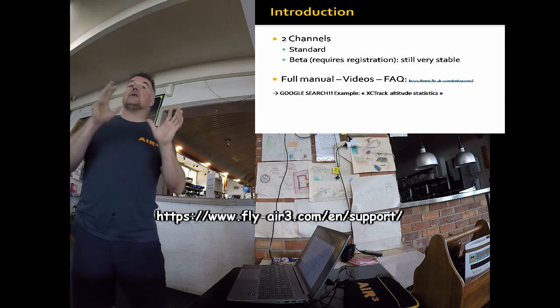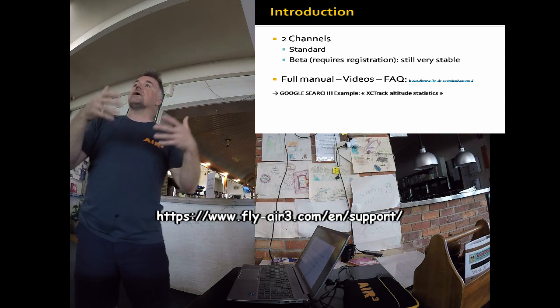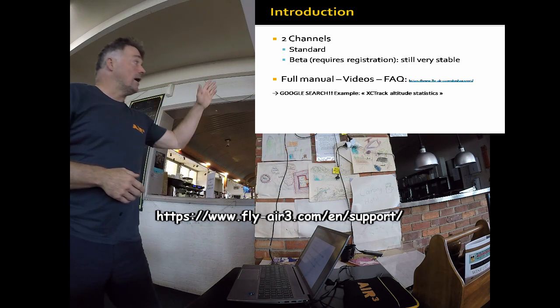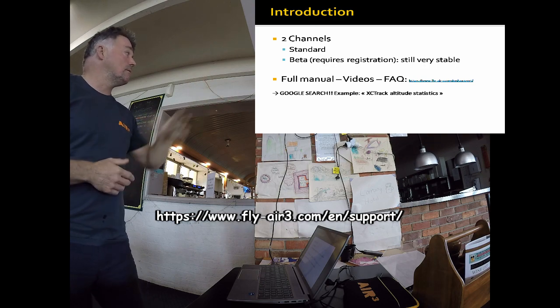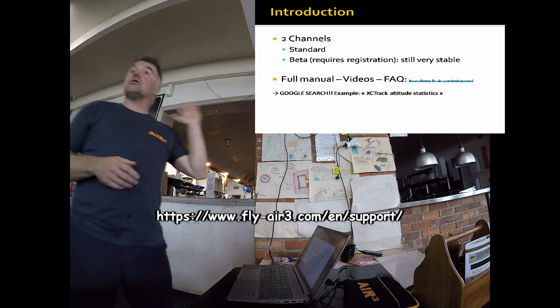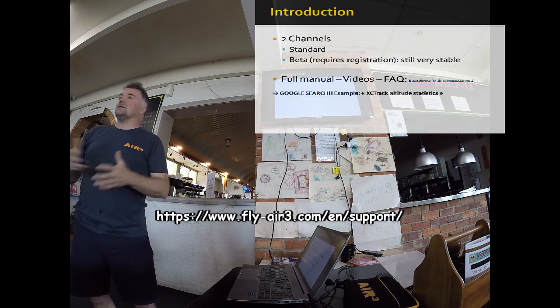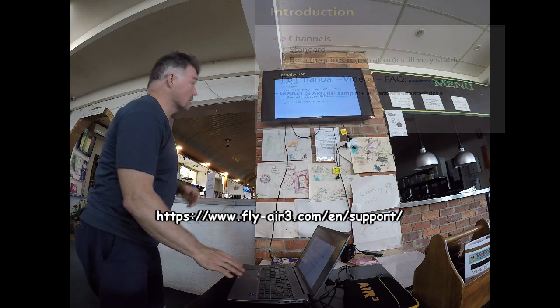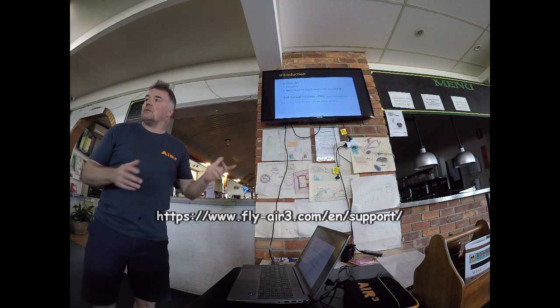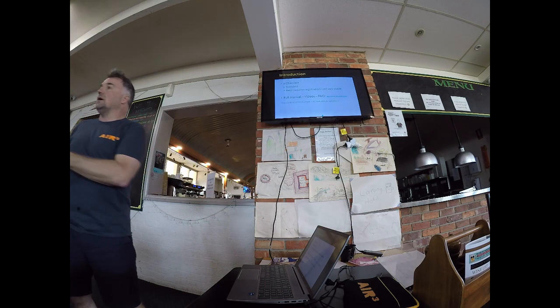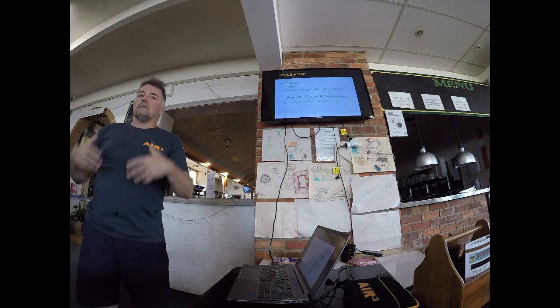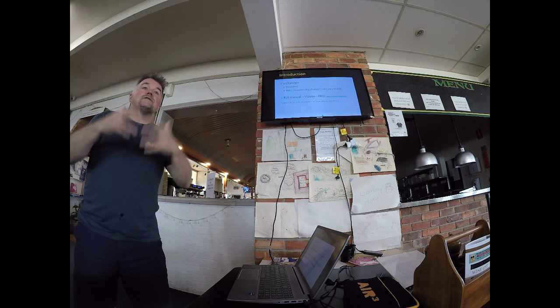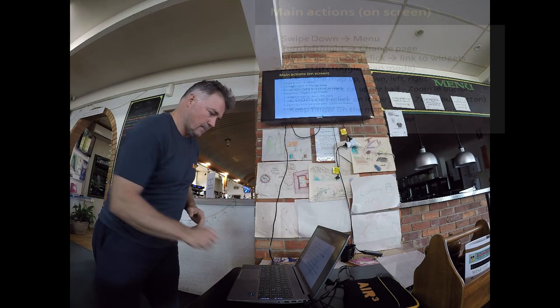So it's online, so it's referenced by Google, and it's very easy to get the information. So there are videos, FAQ, manual. Don't hesitate to look there because sometimes it's not necessarily obvious, so you can find the information there. Of course, I wrote the manual together with the XCTrack guys, so it was not possible to just understand the things on my own.